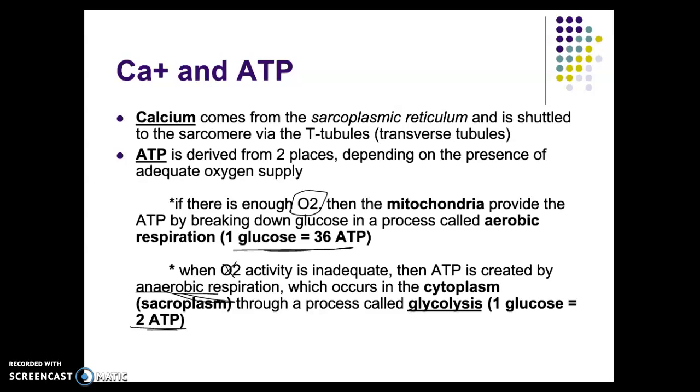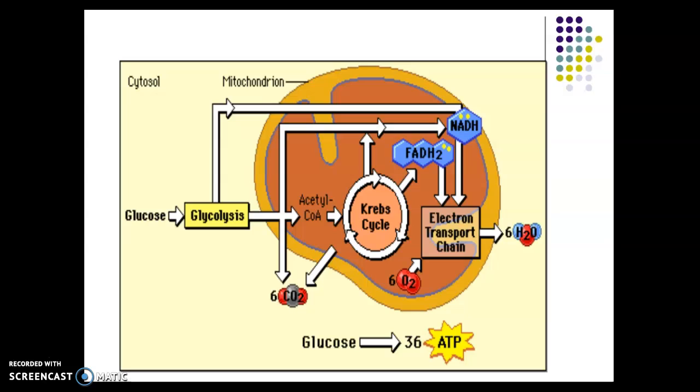And so when we get into anaerobic conditions, we're going to be burning a lot more glucose to make ATP. And a byproduct of anaerobic glycolysis is the buildup of lactic acid, which can cause muscle fatigue and soreness. And this is just showing, so this brown thing here is the mitochondria.